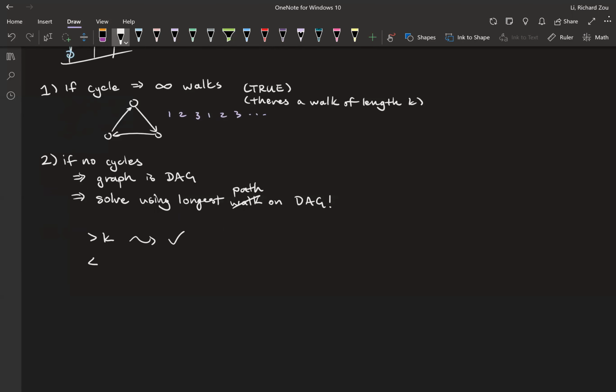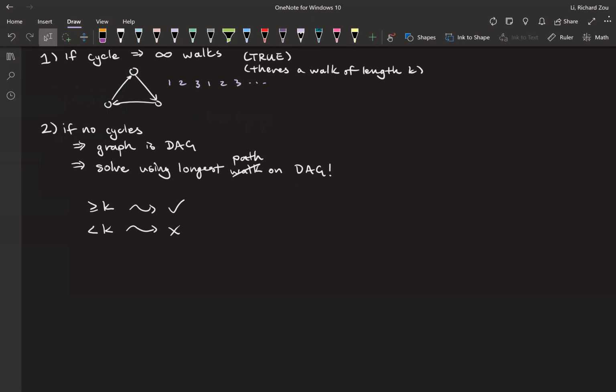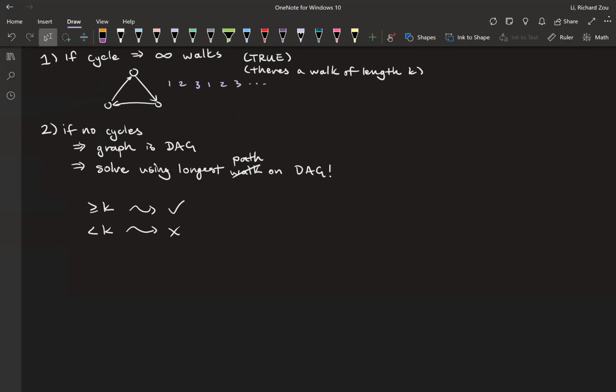And if the longest path has length less than k, then there's no path that could ever reach length k. So then it doesn't work. But that still does give you a quick solution for the problem. Okay, cool. And then let's move on to multiple choice question 2 then.